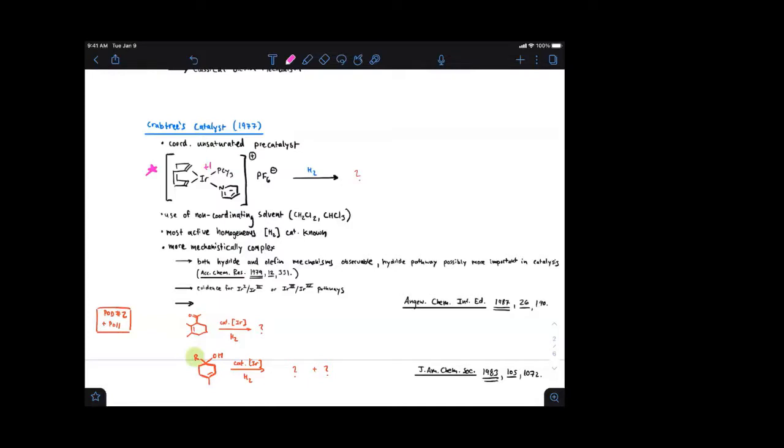It's a d8 complex, and it's 16 electrons.